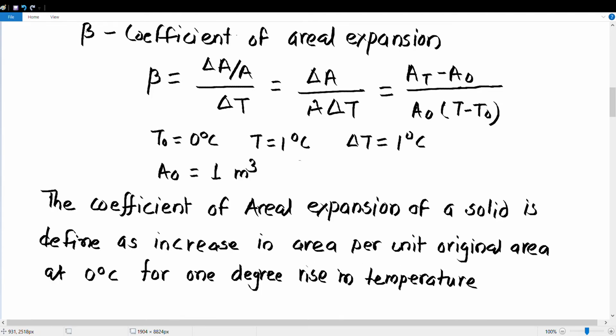So if we substitute these values for T0 and del T, then this beta is equal to A_T minus A_0 numerically. So this is the coefficient of areal expansion.